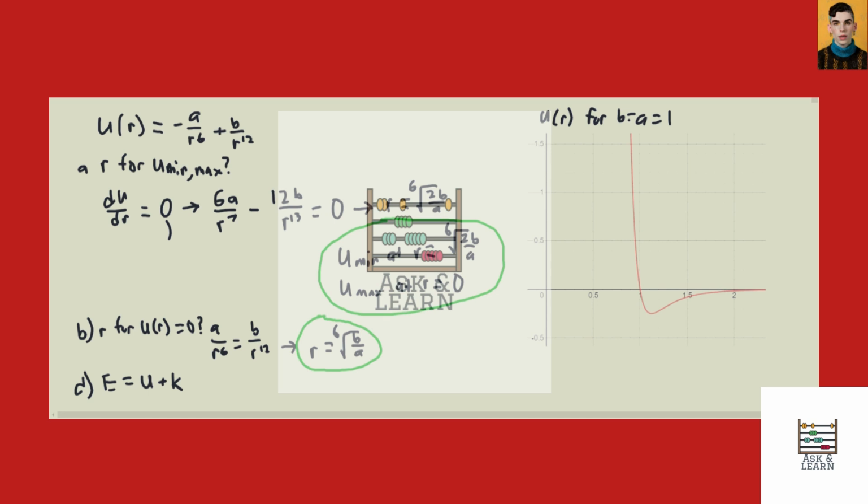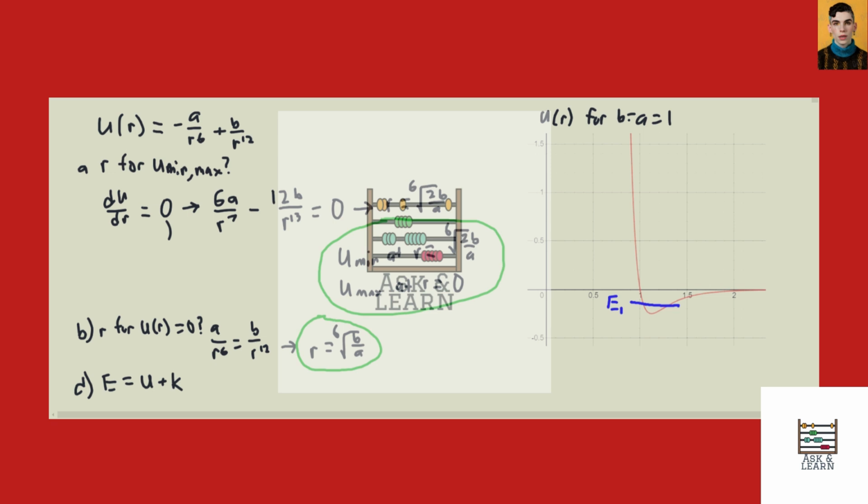We can draw a total energy graph and then draw some conclusions about what kinetic energy will be. If our total energy is less than 0, we can look at it like this. Let's say this blue line here, I'll say E1, is less than 0.